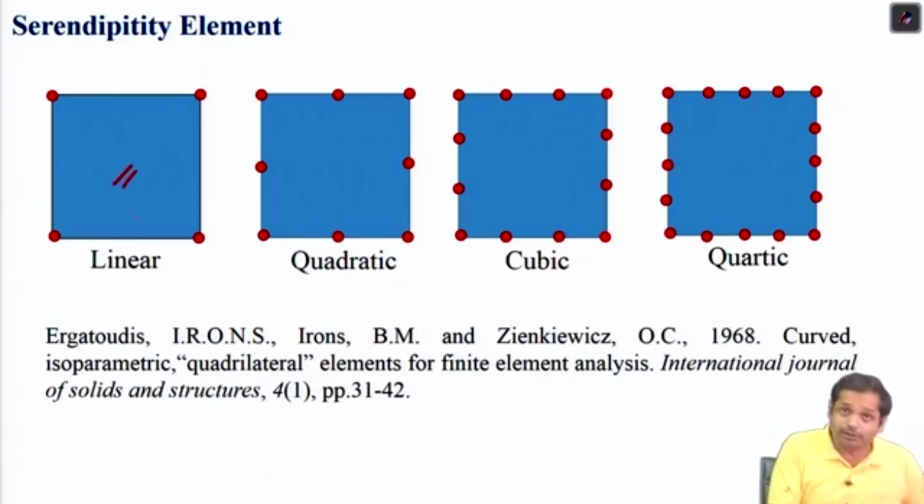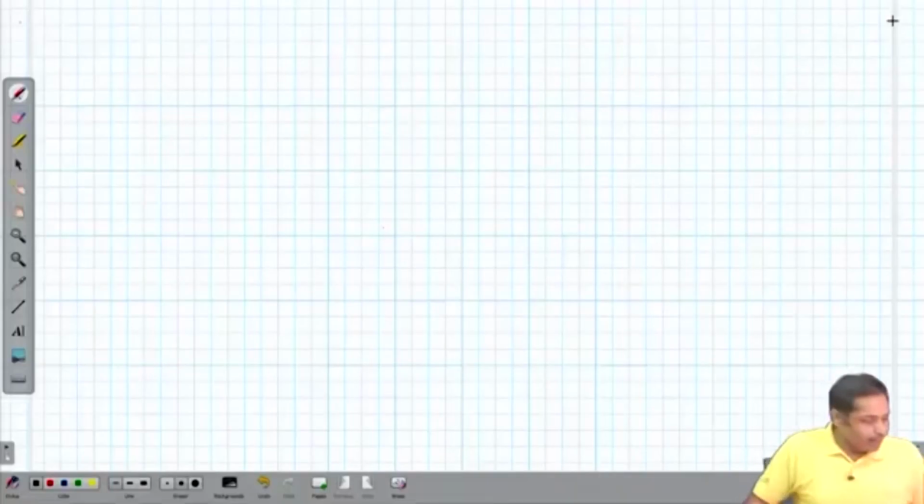We already know the shape function for this element, but now we will follow a different approach, and then that approach will apply to this element. Otherwise, if we apply the approach we just discussed, taking the tensor product, we will not get the shape function for this element because we then have one intermediate node, one node within the element. Now let us see how we can construct the shape function.